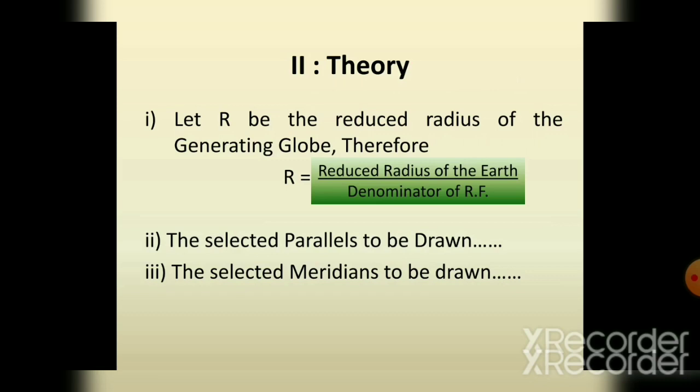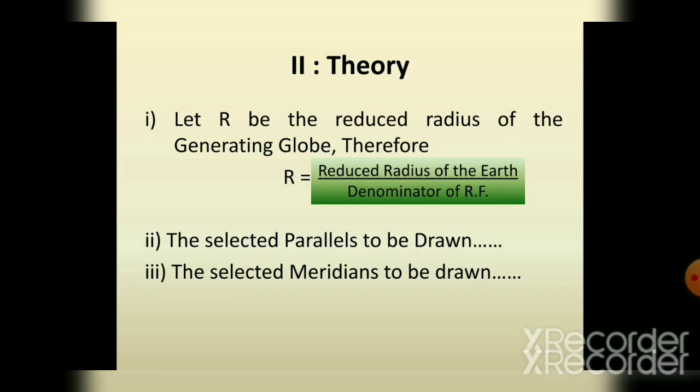According to the theory, the calculation part is developed. First of all, we should calculate the reduced radius of the generating globe, which can be identified as capital R. R is equal to the reduced radius of the earth divided by the denominator of RF.